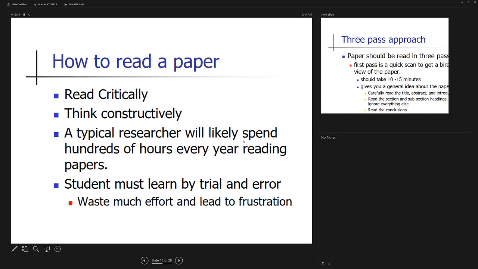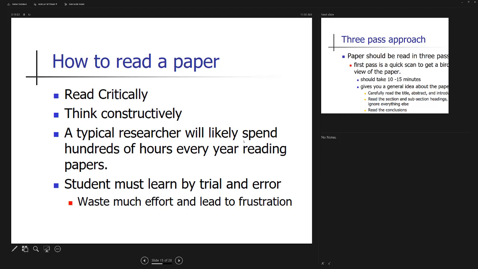You do not need to critically read all the papers that you have downloaded. You have to read critically and constructively only those papers that you have chosen. And we'll discuss how to choose a paper for critical and constructive reading.